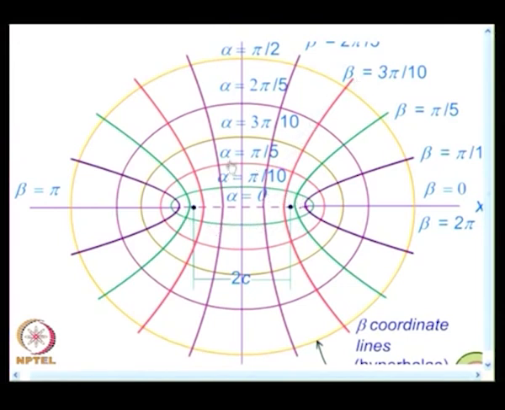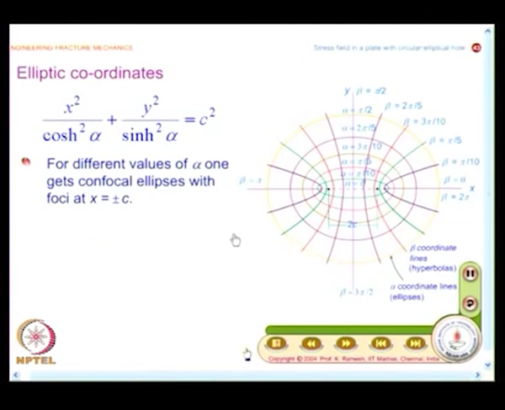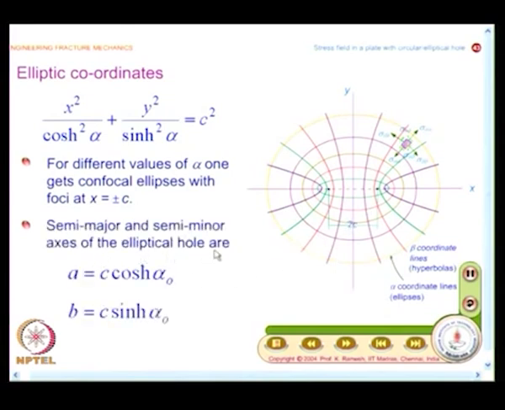You essentially get sigma alpha alpha and sigma beta beta, that you interpret as suitable quantities for your data interpretation. So, the semi major and semi minor axes of the elliptical hole are given as A equal to c cosh alpha naught and B equal to c sinh alpha naught.